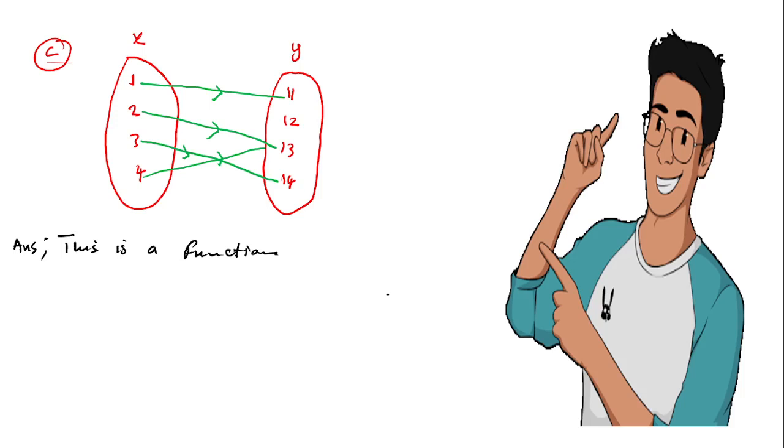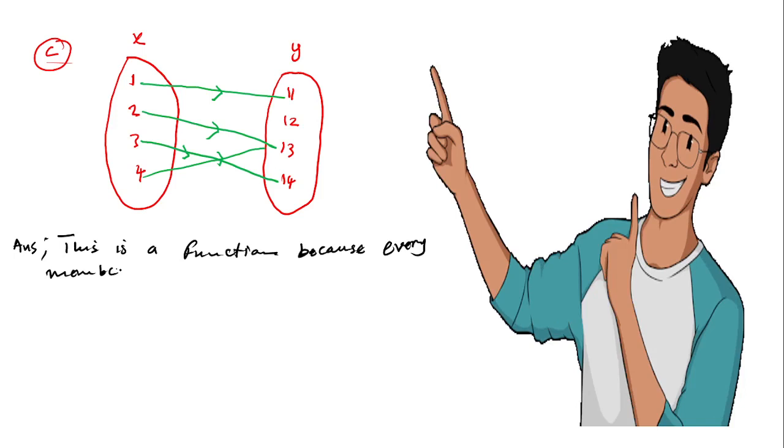So it is a function because every member of X, or the domain, has a relation with a member in Y, or range.